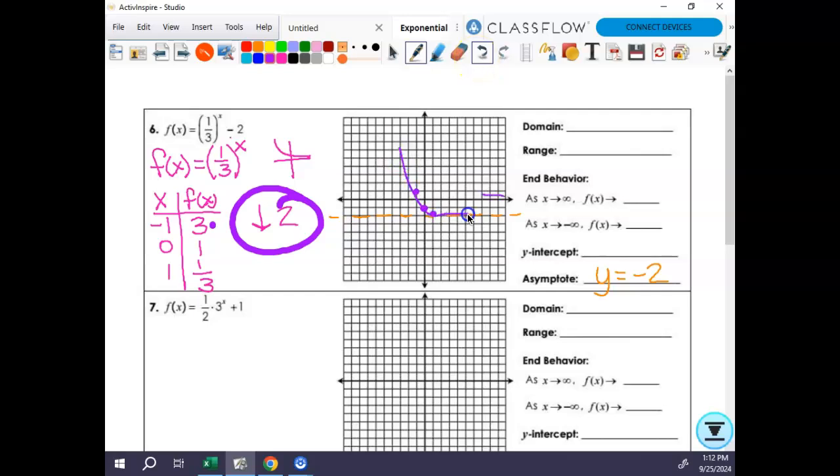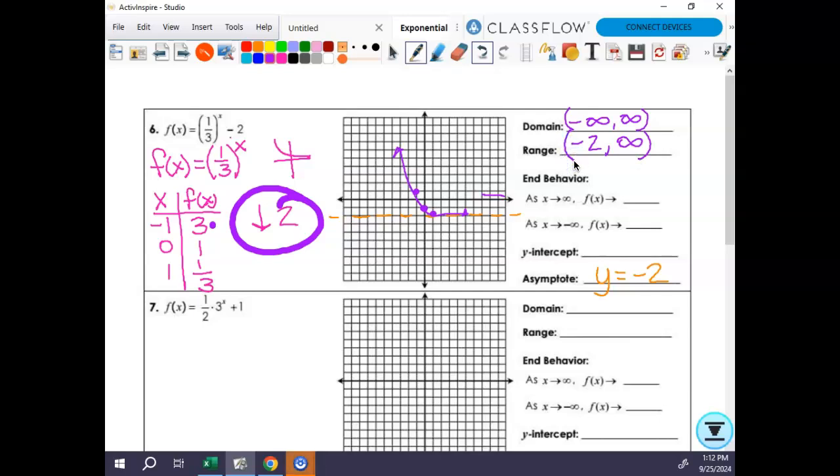Sketch that in. All right, my domain is the same, -infinity to infinity. Did my range change? It did, right? Where do we start now? -2, good. So I start at -2, and I'm going to infinity. Do I include -2? No, I do not.